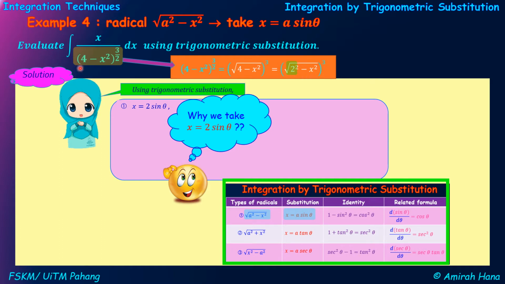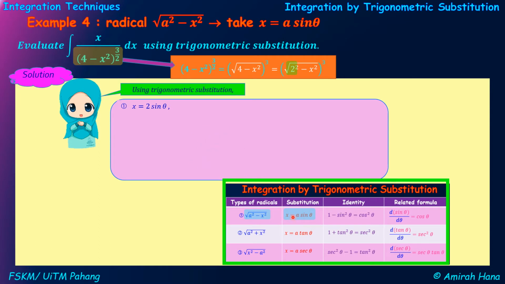When we write (4 minus x squared) to the power of 3 over 2, it means that we can write it in the form of a radical, so we use this formula. After that, we continue with step 2.